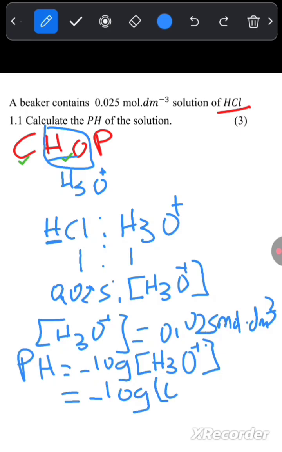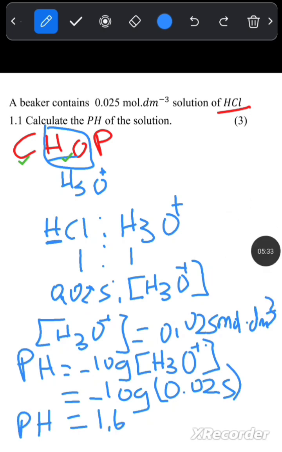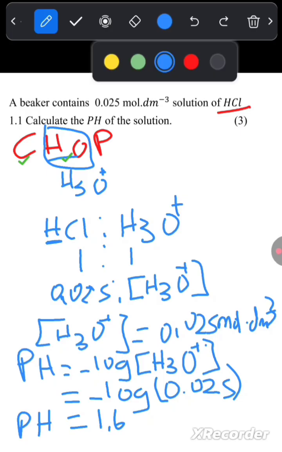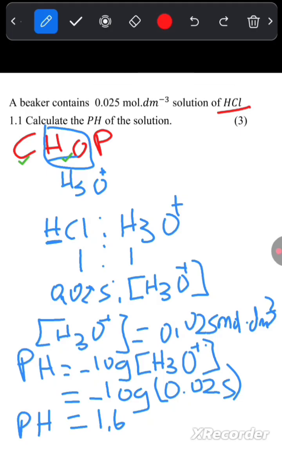Concentration of hydronium ions is 0.025. So the pH will be 1.6. You can check here, I use square brackets here. These square brackets mean concentration. But when you substitute the value, you must use round brackets. Okay? So let's check.